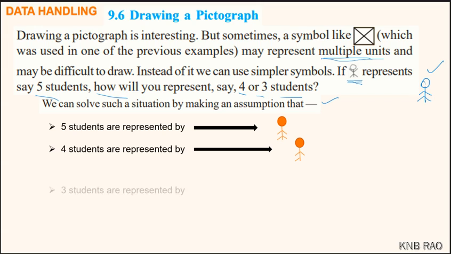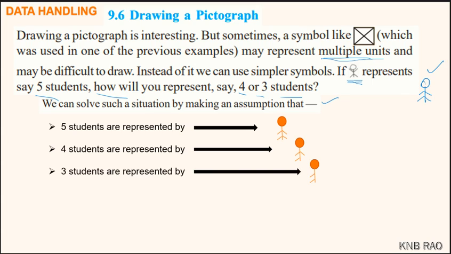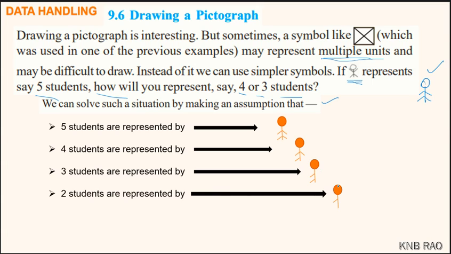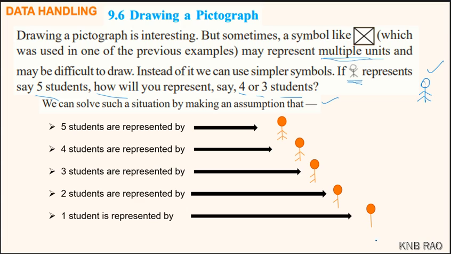Then 3 students are represented with a symbol with 2 legs, or one leg and one hand, missing. 2 students are represented with this sort of symbol, maybe both legs and one hand missing, and now one student is represented with just a head and body. With this sort of presumption, we can represent even multiple units.